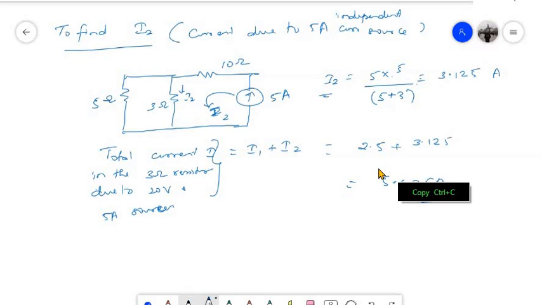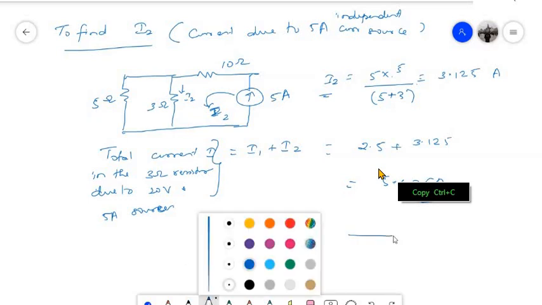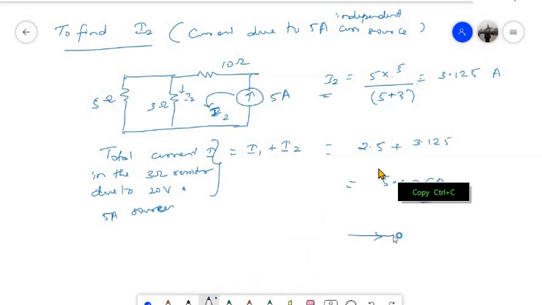So I have used the current division rule, which I have already discussed in the class. Suppose this is the current I flowing here, and at this point it gets divided into I1 and I2 through the resistances R1 and R2. Now how will I find this current I2? That is what I have applied here.